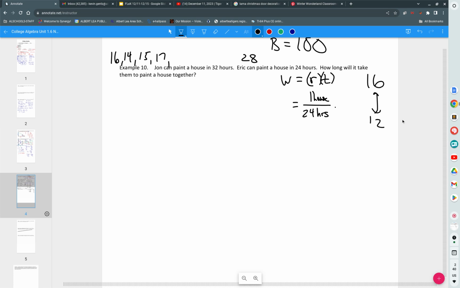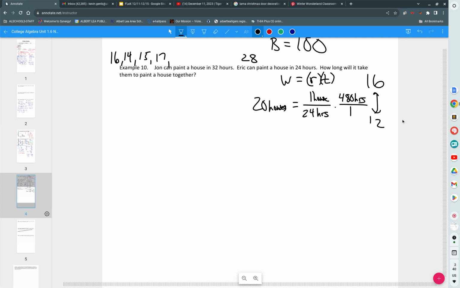Let's say that he spends 480 hours painting. How many houses will he paint? 20. 20 houses. Does that make sense? Rate times time is equal to the amount of work you get done.